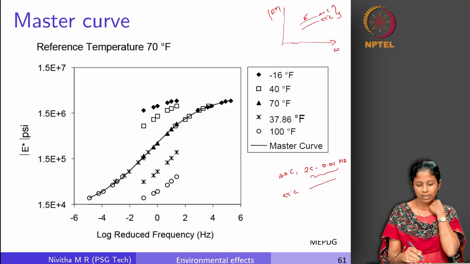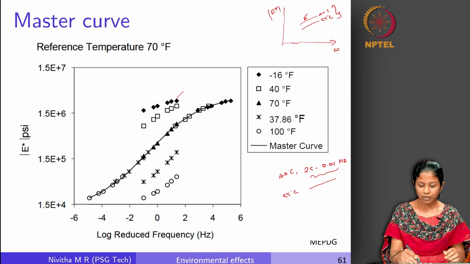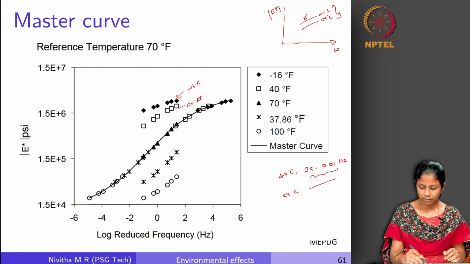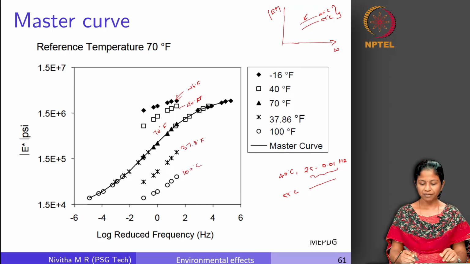Let me use this example which is given here. This is at minus 16 degrees Fahrenheit, this is at 40 degrees Fahrenheit, this is at 70 degrees Fahrenheit, and this is at 100 degrees Fahrenheit.